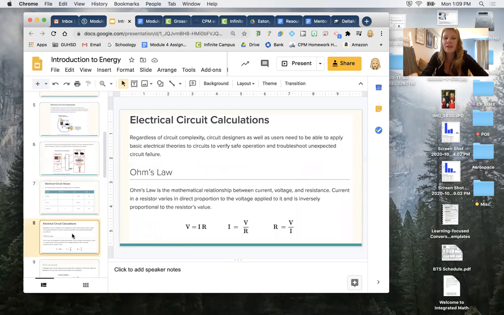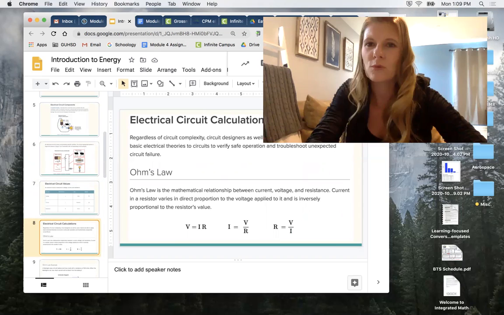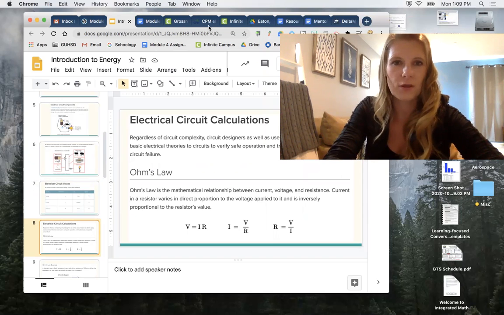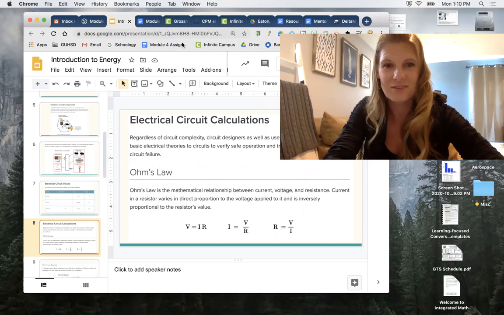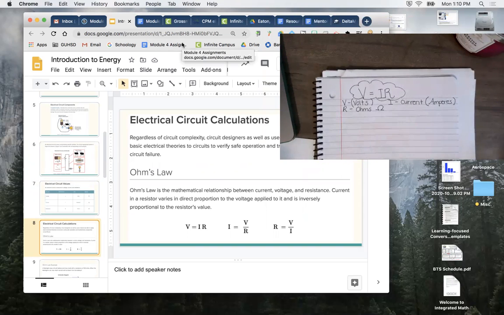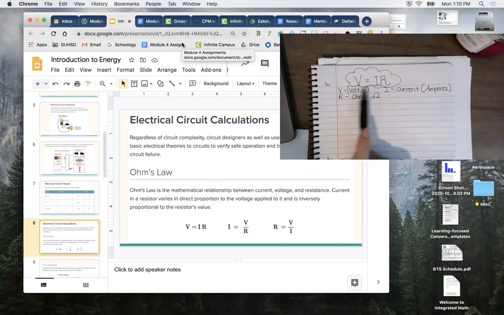So looking at this, we have one formula. Even though there are three there, we have one that I'm going to focus on. I'm going to pop over now to my notes, make myself a little bigger so that you can see the way that I've started to take notes here. The one equation that I use is V equals IR.